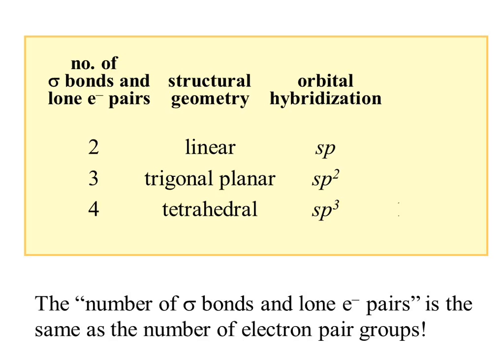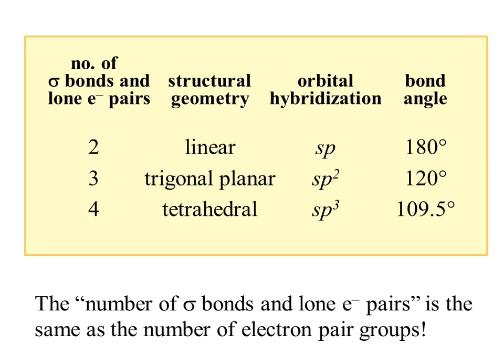Again, how do we know? Somebody gives you a structure or you draw a structure and you count what that first column says. You count sigma bonds and lone pair electrons. It's that easy. Sometimes you just need to put your finger on the atom of interest. Can you say the last one more time? Tetrahedral.